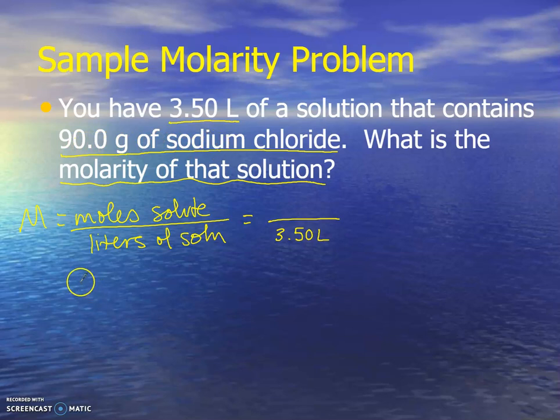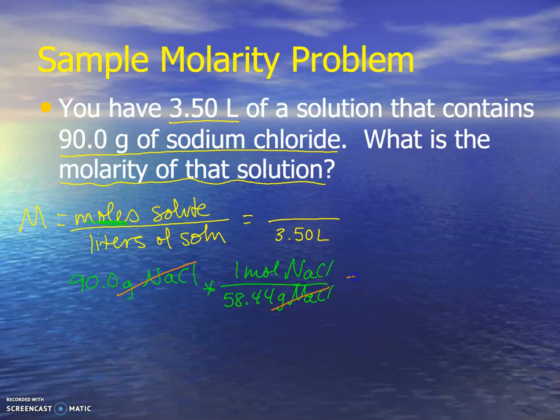So I need to do a side calculation, 90.0 grams of NaCl, and on the previous slide we have the molar mass, which you can look up on the periodic table, because I need to get to moles. So I do the 58.44 grams of NaCl and 1 mole of NaCl on top. That is going to cancel out my units of grams.